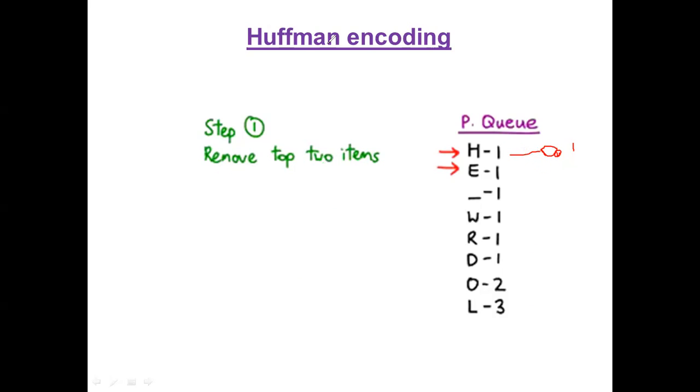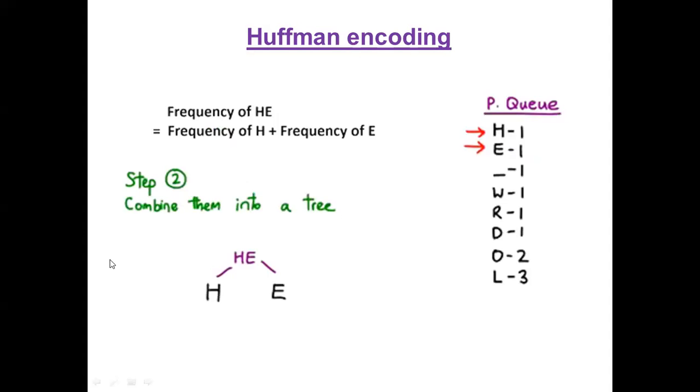Next we'll go to the next slide. As we discussed before, H and E together become 0.2 now, and it becomes HE, so we have to write HE here.